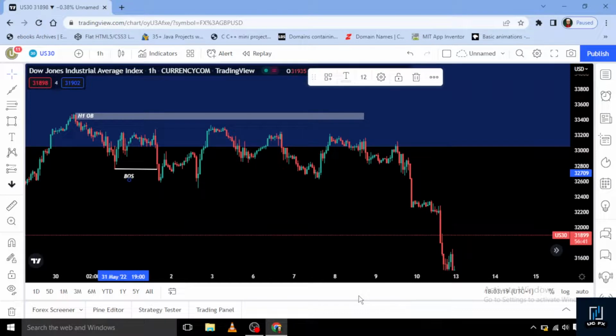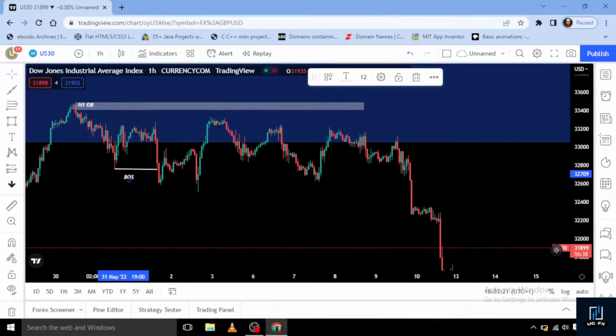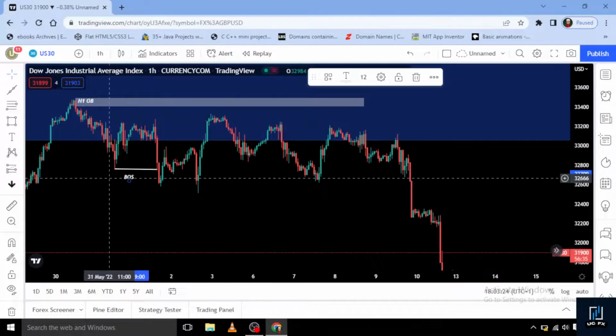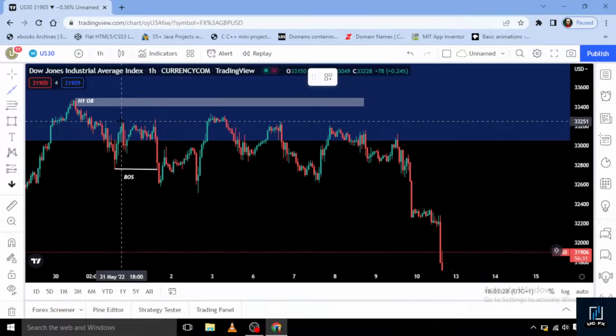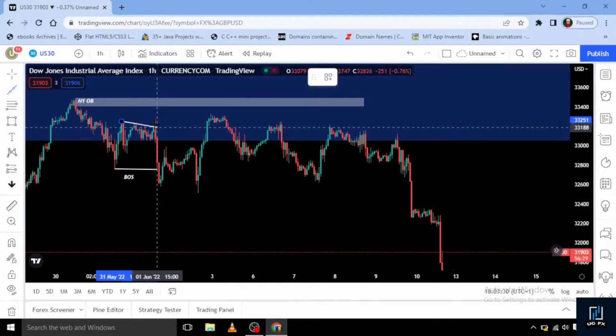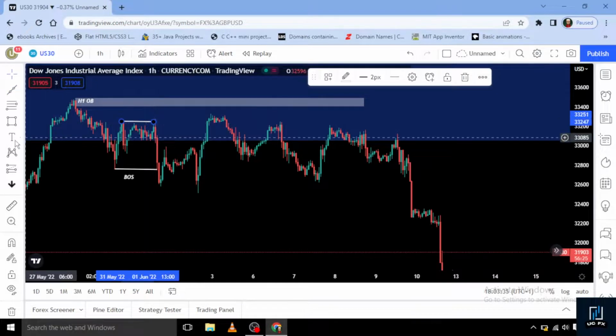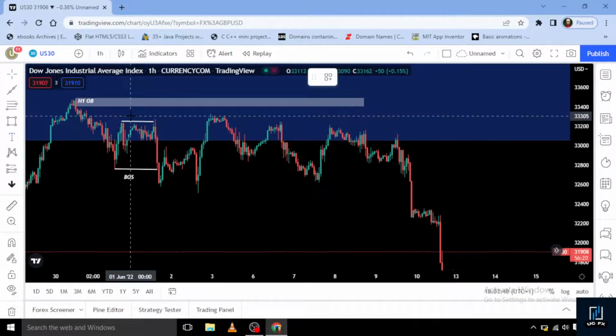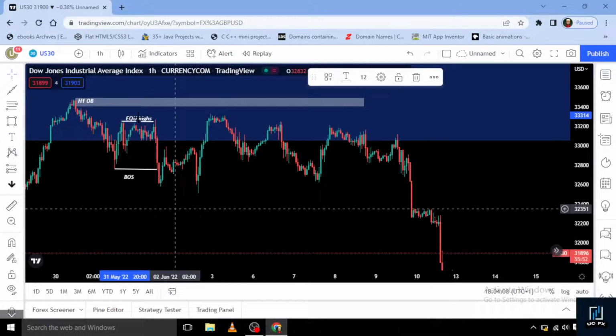You need to wait for liquidity before it taps into this H1 order block. As you can see, we have our lower time frame liquidity, which is in form of equal highs as well. So here we have our liquidity as equal highs.